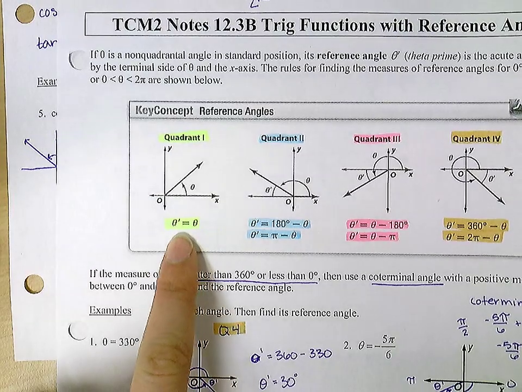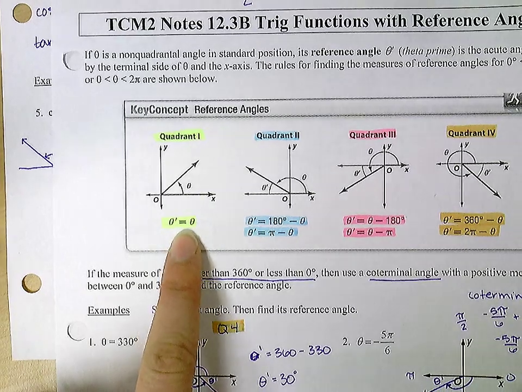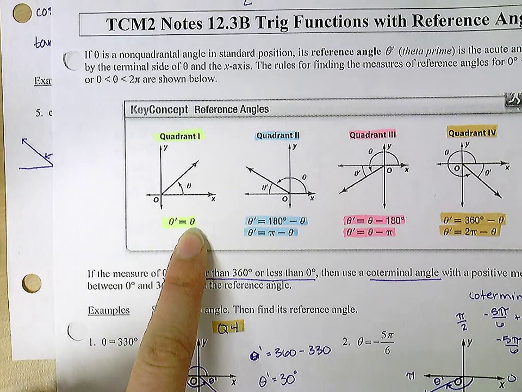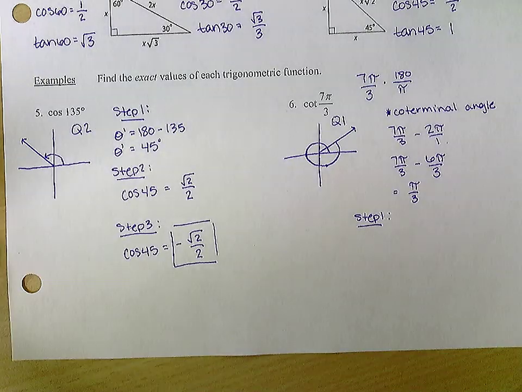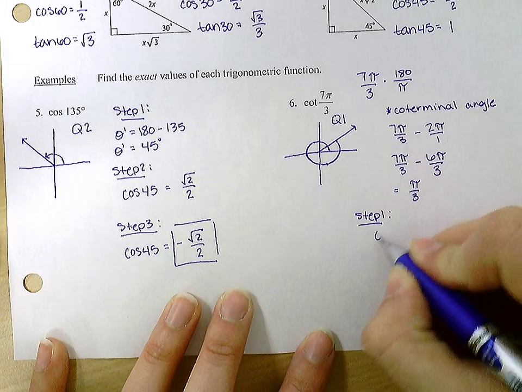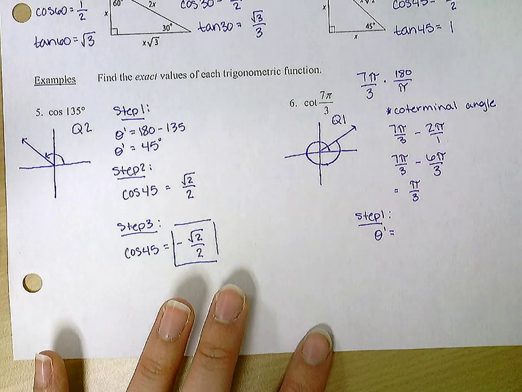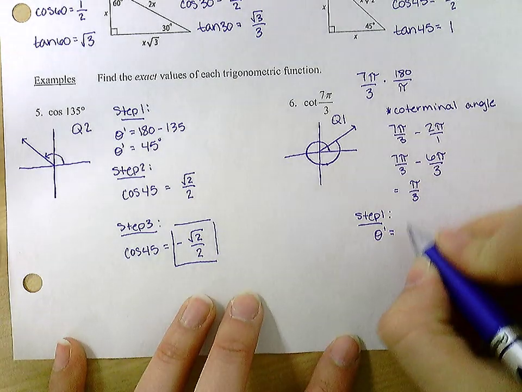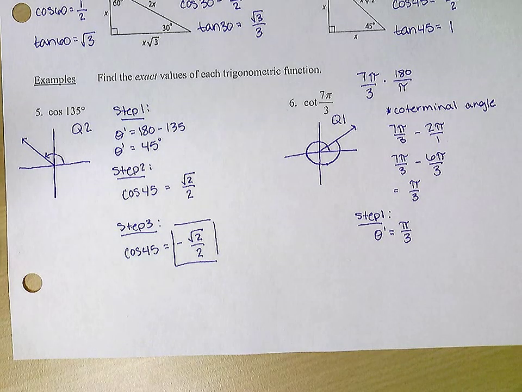If I look at my quadrant 1 from yesterday, theta prime is just equal to theta. So what's my theta value? Yes. So our theta prime is going to be pi over 3 since it's just equal to theta in quadrant 1.